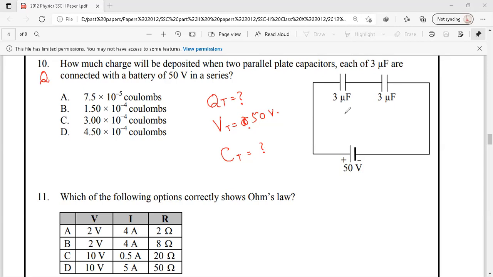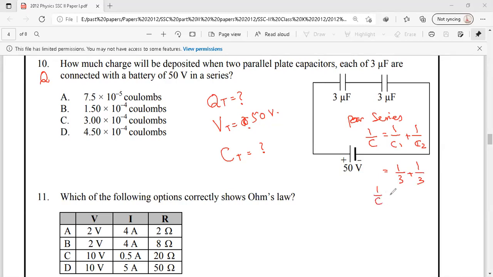So as we can see that this combination is the series combination, and for series combination total capacitance is given by 1 over C equals 1 over C1 plus 1 over C2. So the values of C are 3, so 1 over C will be equal to 1 over 3 plus 1 over 3.